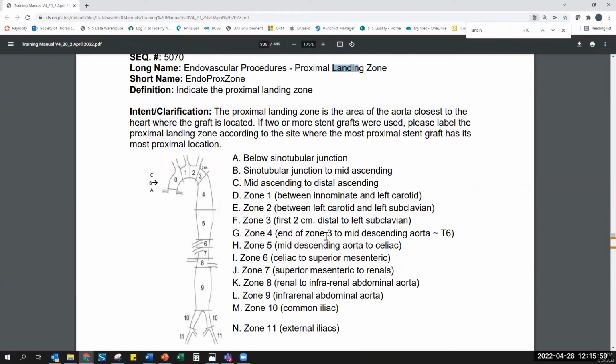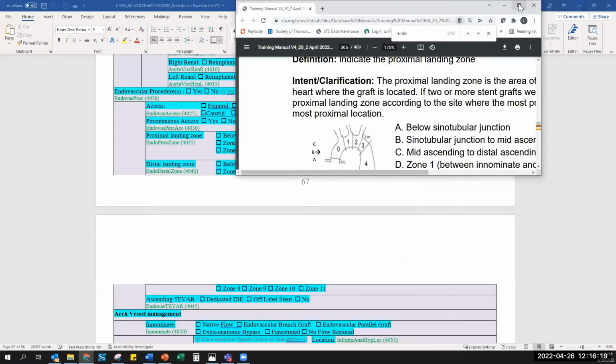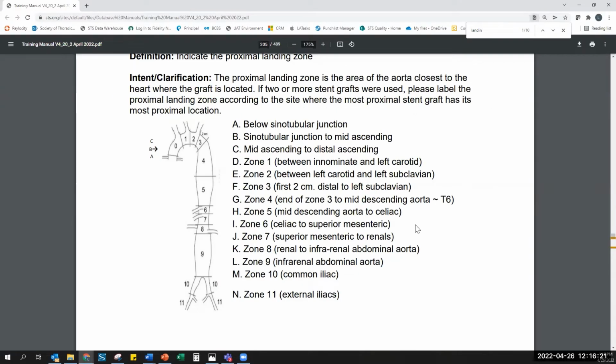You're going to have to see I've placed this mid-ascending aorta to celiac or celiac to superior mesenteric. So you're going to see the descriptions of these zones most often in the op note, as opposed to the actual words like zone 7. And it takes some getting used to. I still struggle with it at times because some op notes are more challenging than others.